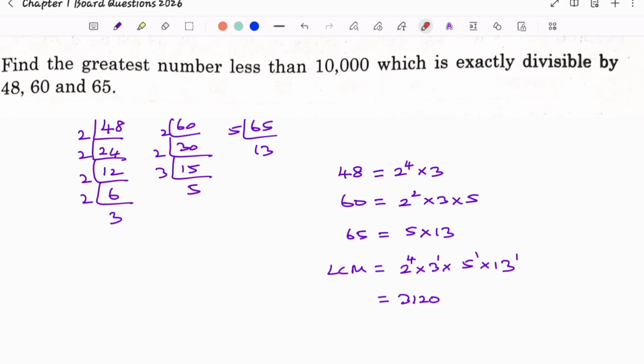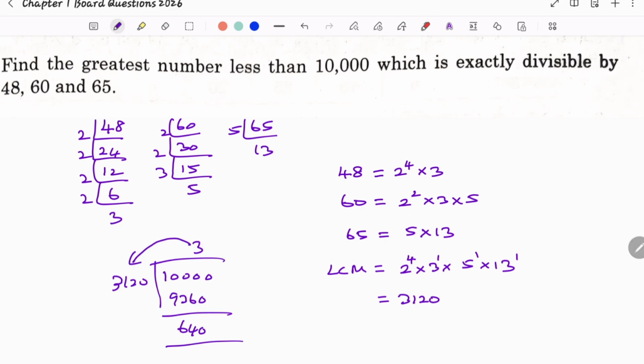So listen, 3 multiple of 3120 is 9360. So 9360 is less than 10,000, and it is the greatest number divisible by all these numbers. So our required number is 9360, the final answer.